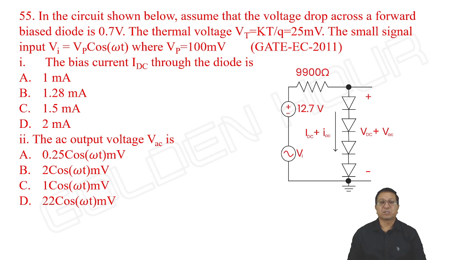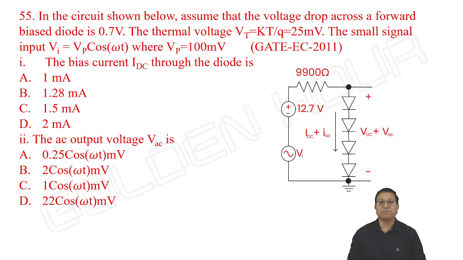In the circuit shown below, assume that the voltage drop across the forward biased diode is 0.7 volts. The thermal voltage Vt is equal to kT by Q is equal to 26 millivolts. The small signal input Vi is equal to Vp cos omega t, where Vp is equal to 100 millivolts.